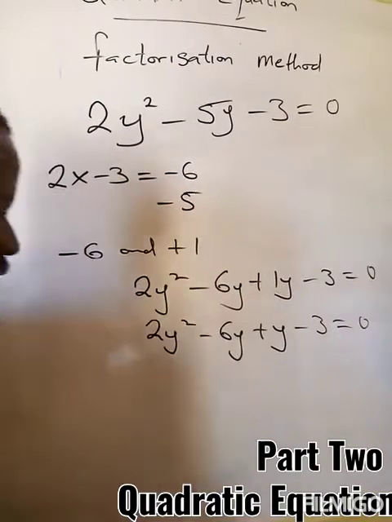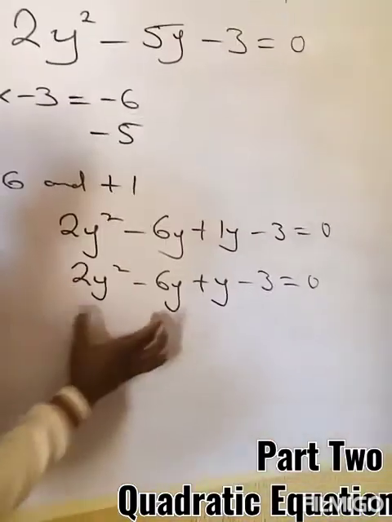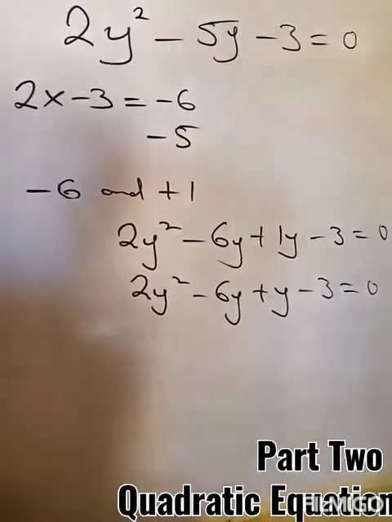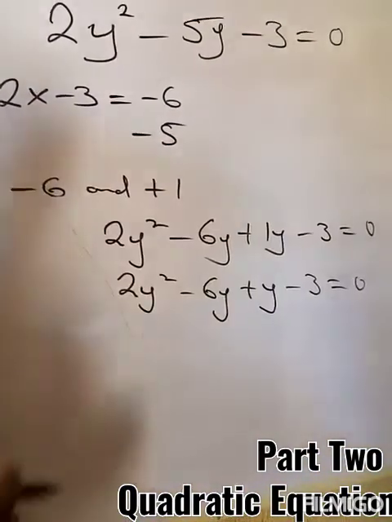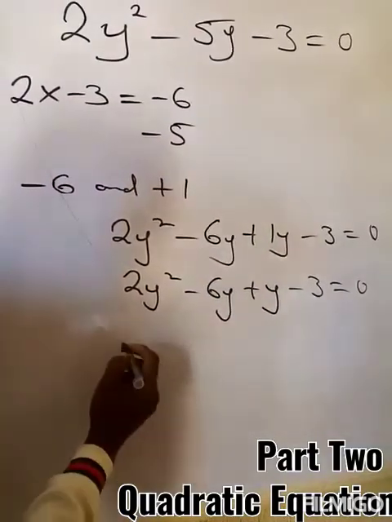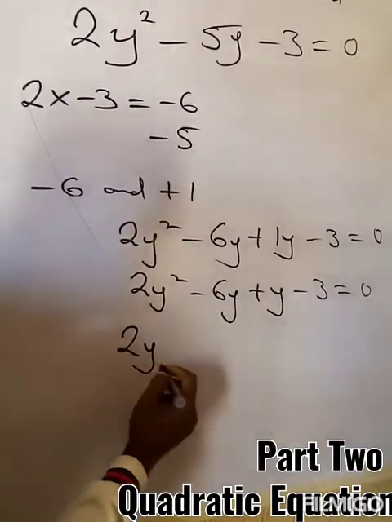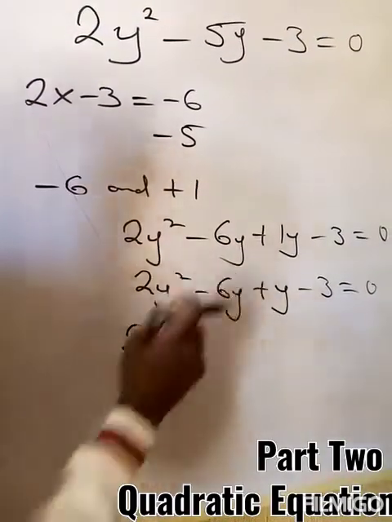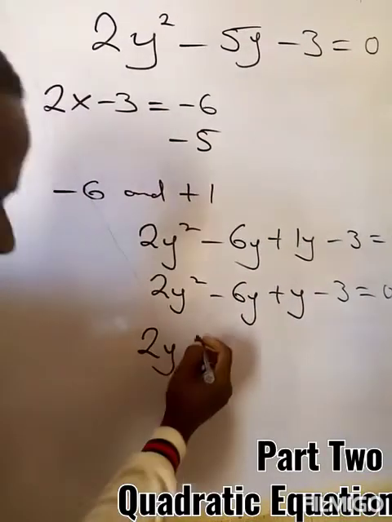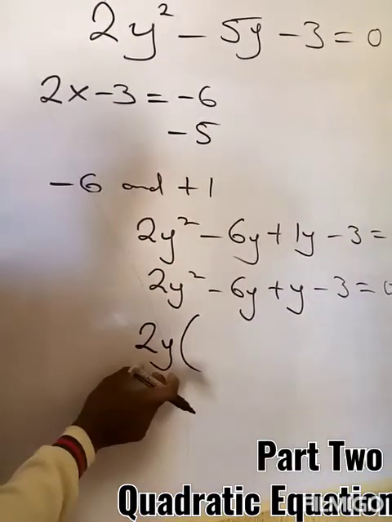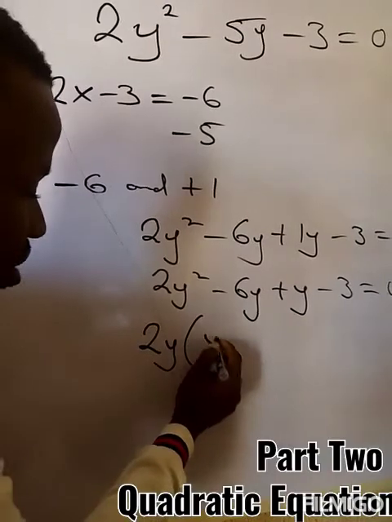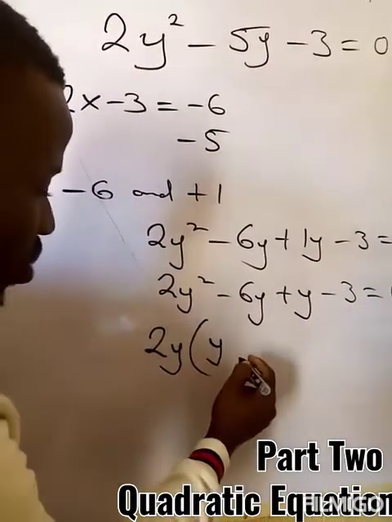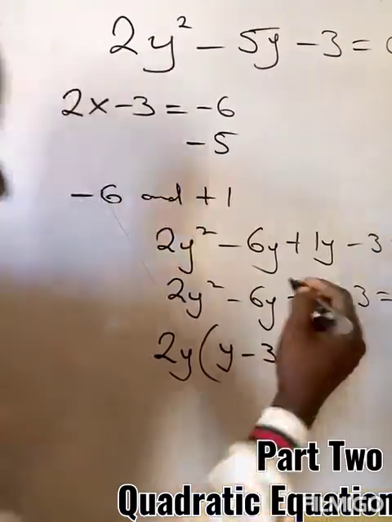Now, from here, we consider the first two terms and ask what is common to them. What is common is 2y. 2y can go in 2y squared, and 2y can go in minus 6y. Therefore, 2y in 2y squared gives us y, and 2y in minus 6y gives us minus 3.